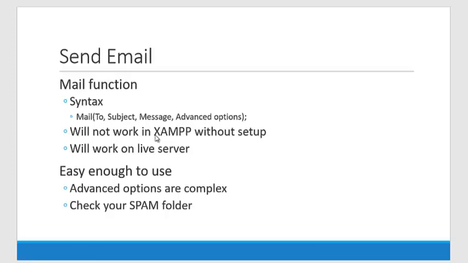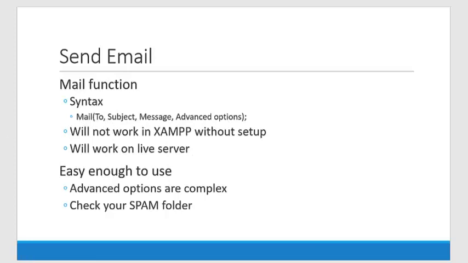If you're getting errors on your server, then you know you have problems. But if you're just not receiving emails, I've seen a lot of students through the years who just can't manage to not get these picked off by spam filters. So it's kind of hard to test, but it's also an easy function.